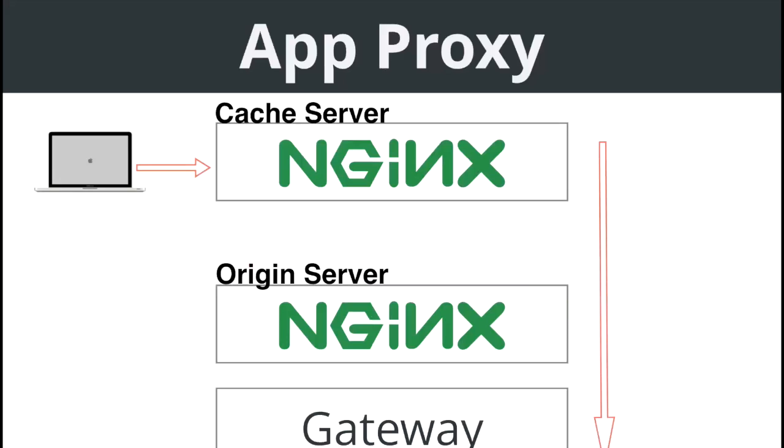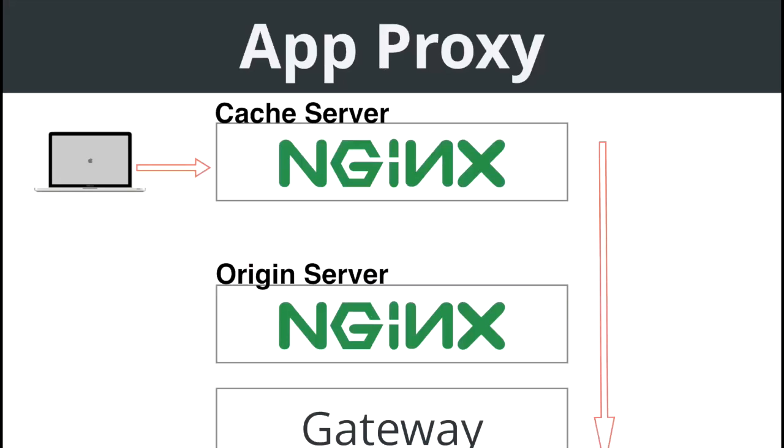So if my browser requests a CSS file, and then Nginx, the cache server, sees that it has that CSS file in cache, it'll just respond with the CSS file. If it doesn't, then it goes to the origin server and gets the CSS file and then sends that back to the browser.